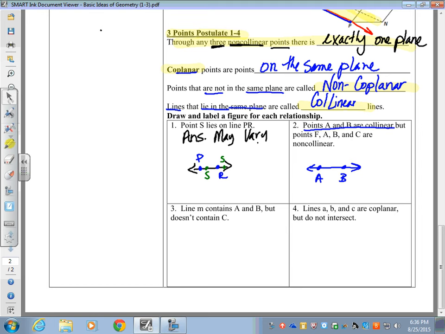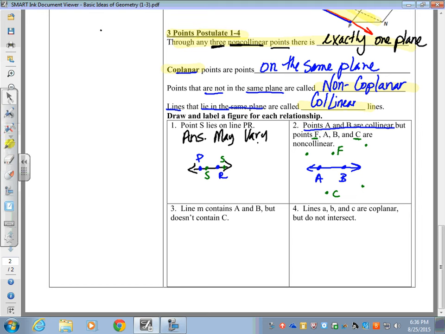So which points are not on the line? I'm hoping you're seeing that F and C are not on the line. So I could have F here and C here. I could put them anywhere as long as they're not on the line. Again, answers can vary.